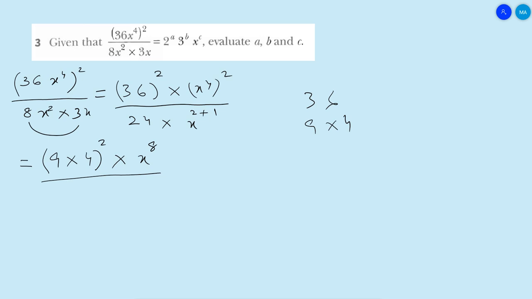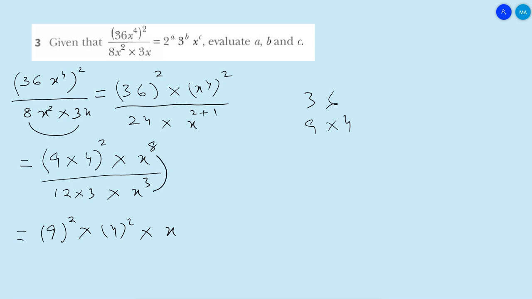Can we write this 24 in terms of 12 into 2? This is x^(2+1), 3. Now apply this square on both the numbers 9 and 4. This is 9 squared, this is 4 squared, this is x^8.